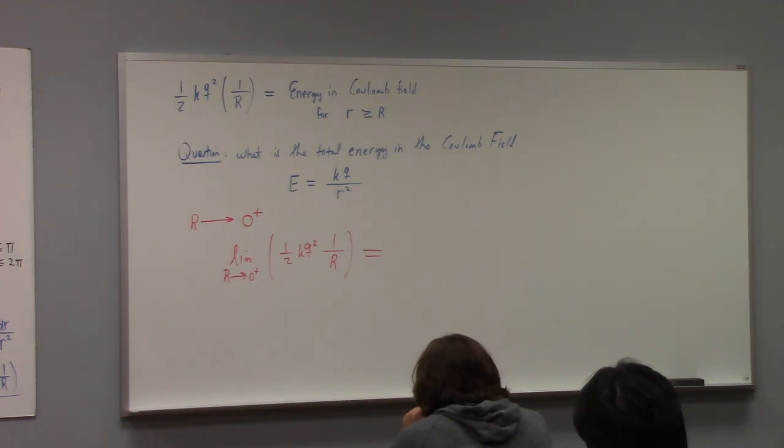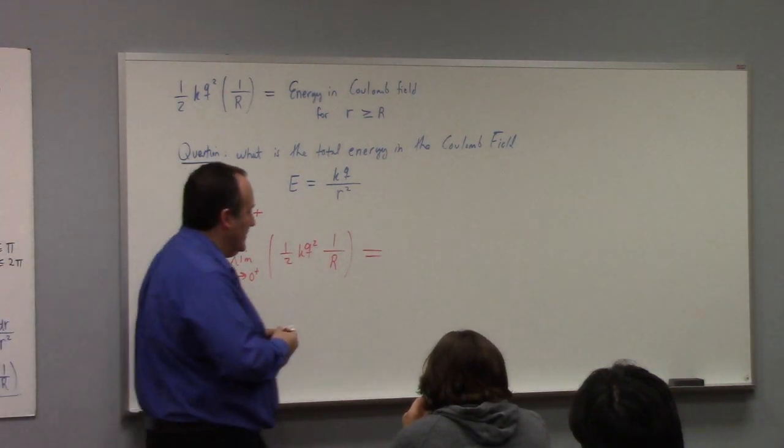What happens to 1 over r as r goes to 0 from the right? Infinity.